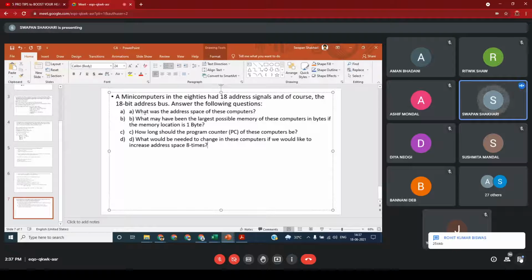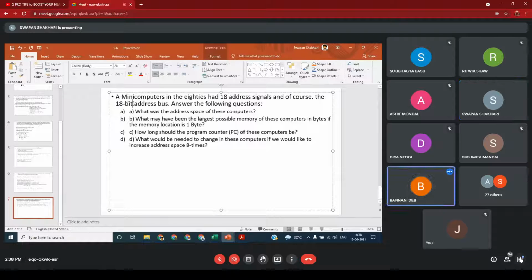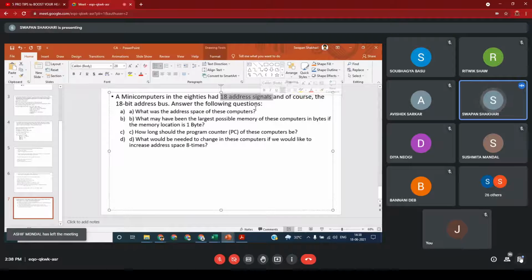So this one is the address space. Sir, I said bits. Yes. So for address space we have an 18-bit address bus, because here we have 18 signals for the address.